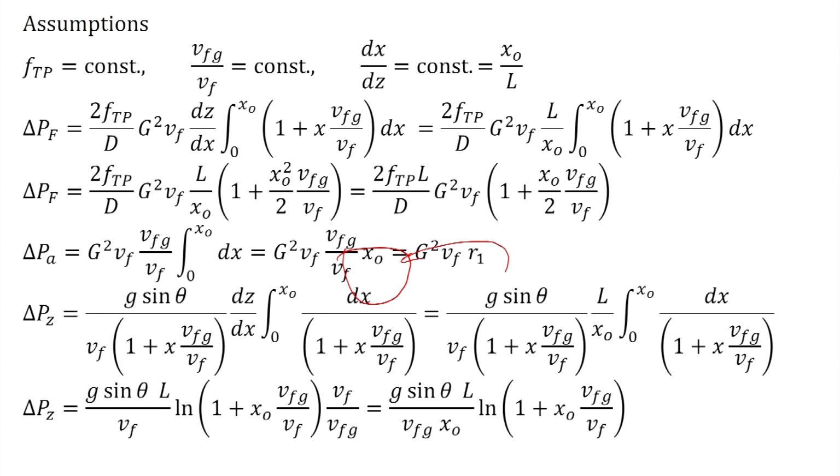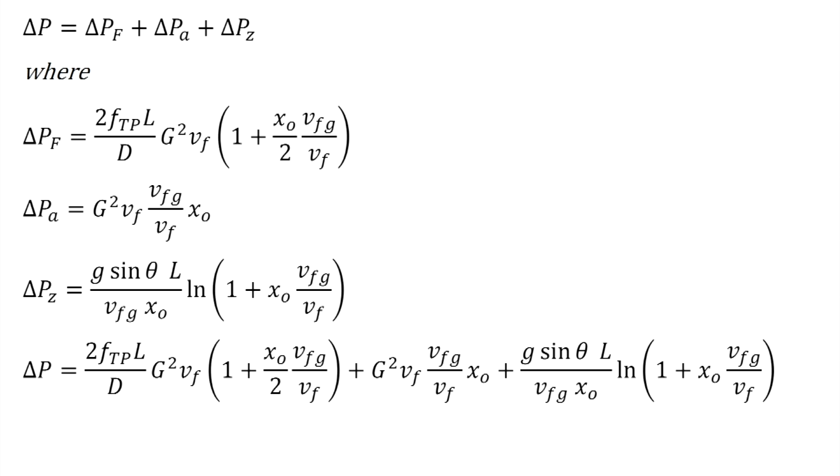The pressure drop due to gravity involves the integral from 0 to x naught of dx upon 1 plus x Vfg by Vf, and when we integrate, we get a logarithmic expression. So, finally, we get the pressure drop delta P equal to delta Pf plus delta Pa plus delta Pz, and delta Pf is equal to 2 FTP L upon d, G square Vf, bracket 1 plus x naught by 2 Vfg by Vf.